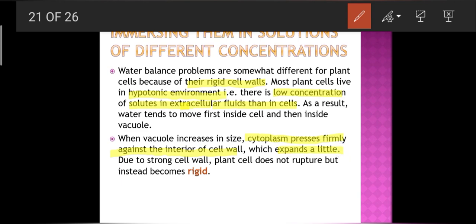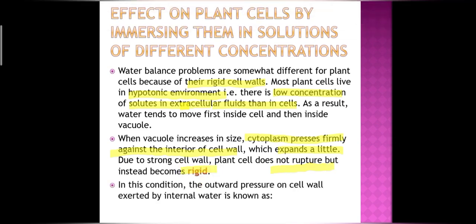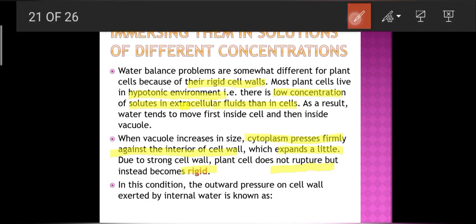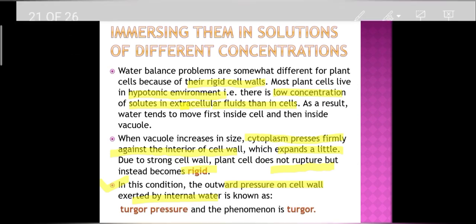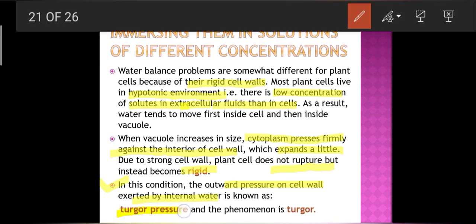And due to the strong cell wall, the plant cell doesn't rupture but it becomes rigid. So in this condition, the outward pressure on the cell wall, which is exerted by the internal water, is known as turgor pressure, and this phenomenon is known as turgor.